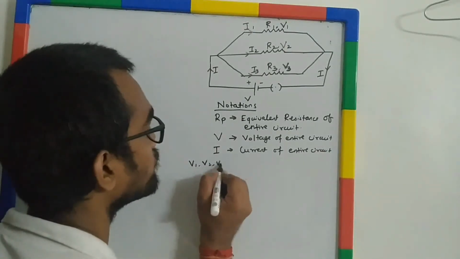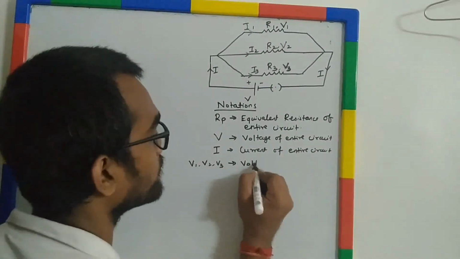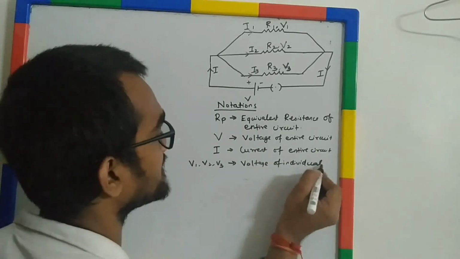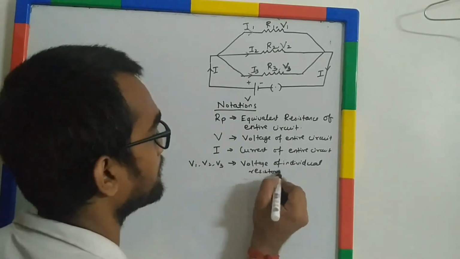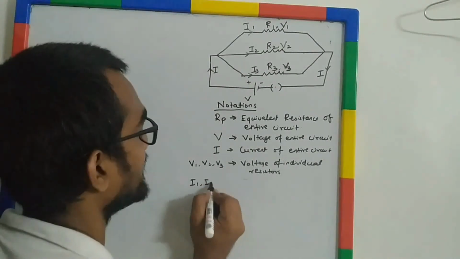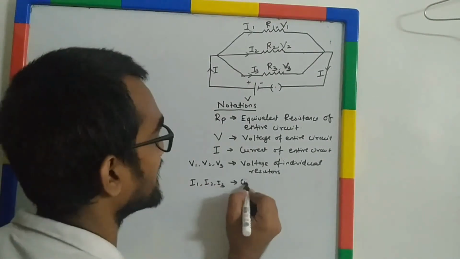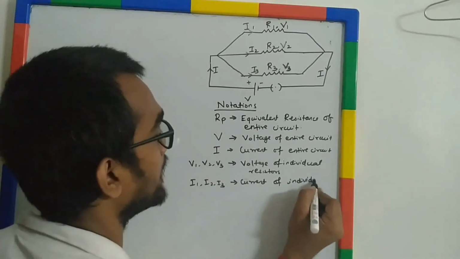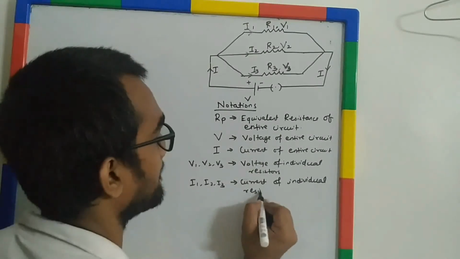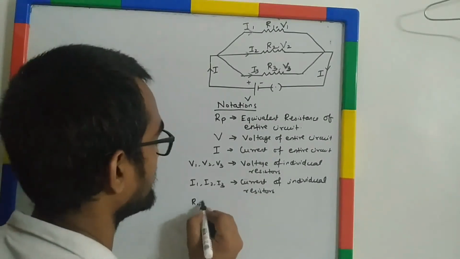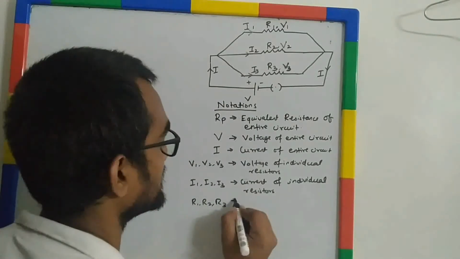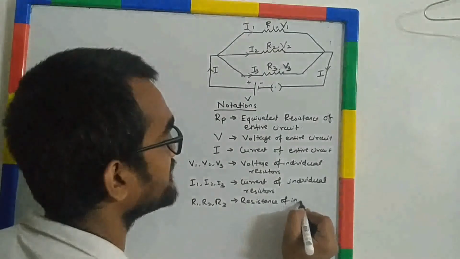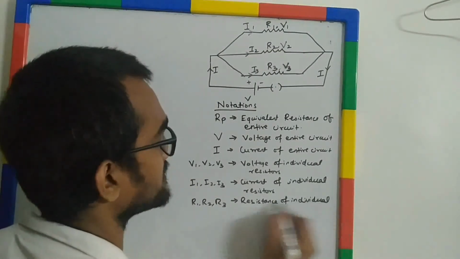V1, V2, V3, voltage of individual resistors. I1, I2, I3, current of individual resistors. R1, R2, R3, resistance of individual resistors.